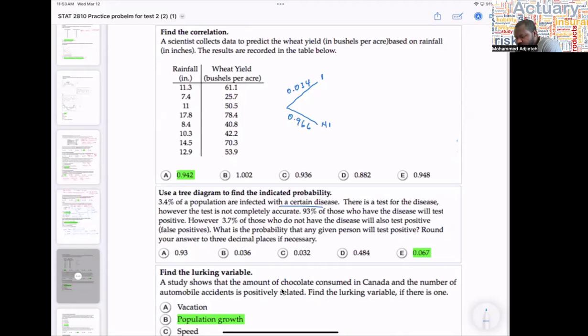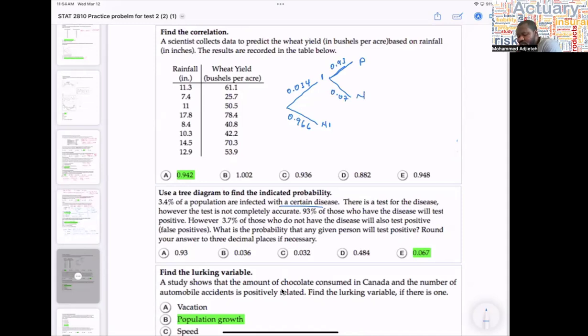Not infected, infected. There is a test for the disease. However, the test is not completely accurate. 93% of those infected with the disease will test positive. So test positive, 0.93. How many of them will test negative? 0.07 negative.